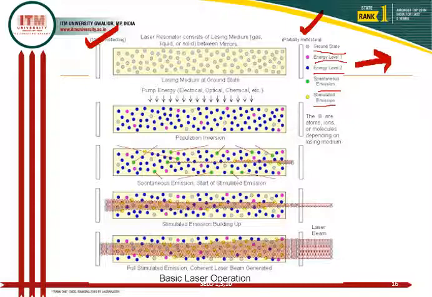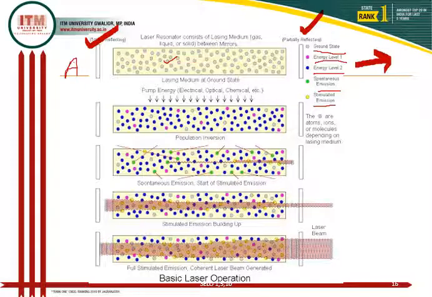If you go through these figures, in the first figure on the top, all our atoms are in the ground state, and this lasing medium is in the ground state.